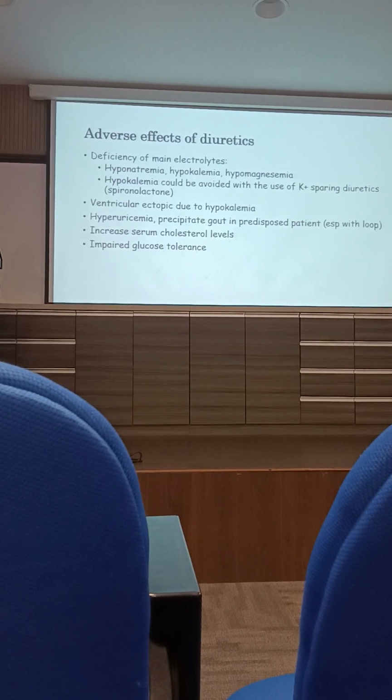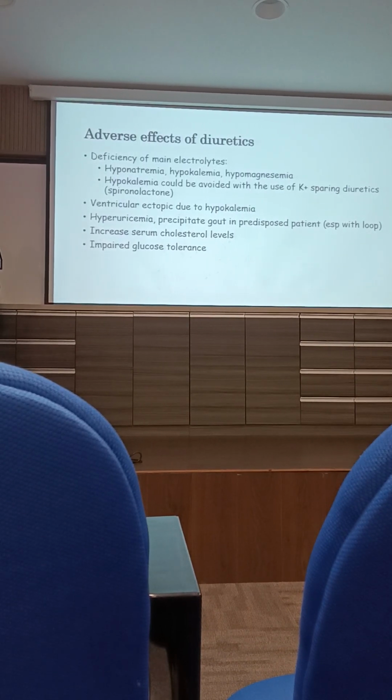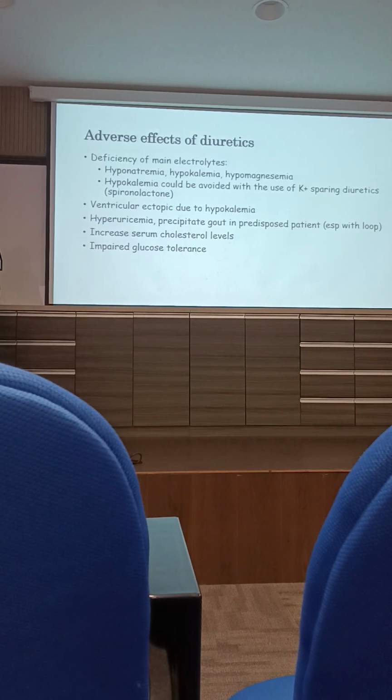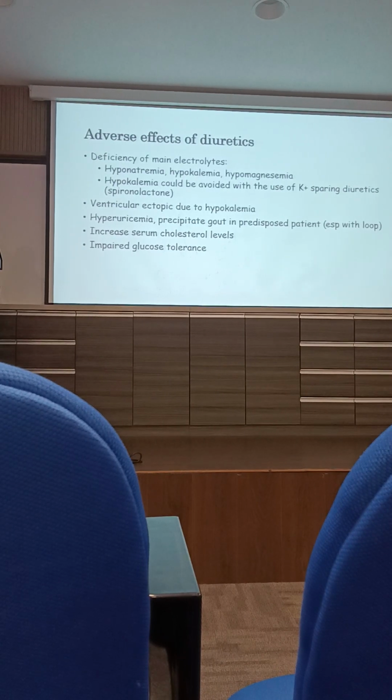So the adverse effects: there will be deficiency of the main electrolytes, mainly hyponatremia, hypokalemia and hypomagnesemia, except if you use potassium sparing diuretics, so there won't be any hypokalemia. Because of the hypokalemia, patients are susceptible to ventricular ectopics. This is arrhythmia secondary to hypokalemia.